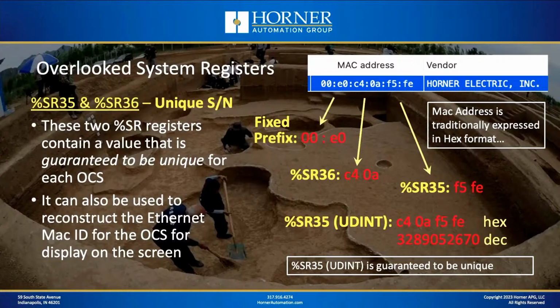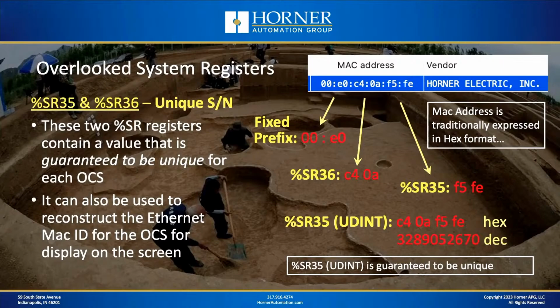Of course, there are other features in the Horner OCS and in Cscape to help protect your intellectual property, but this is an additional tool you could use to compare the serial number of the current machine in your program versus what you're expecting it to be when it was deployed, for instance. And then it also could be used to reconstruct your MAC address, if you will, to display that on the screen or something like that. So it has a variety of different functions.